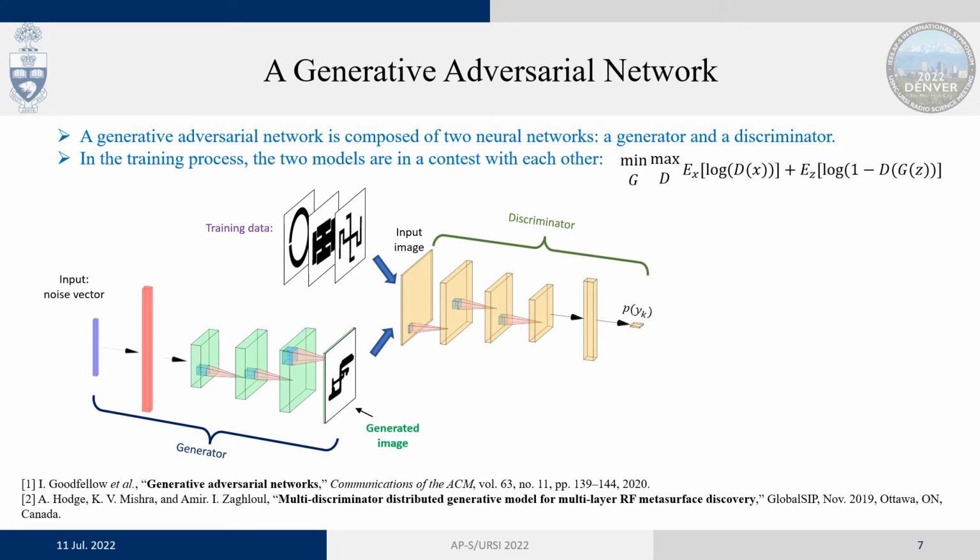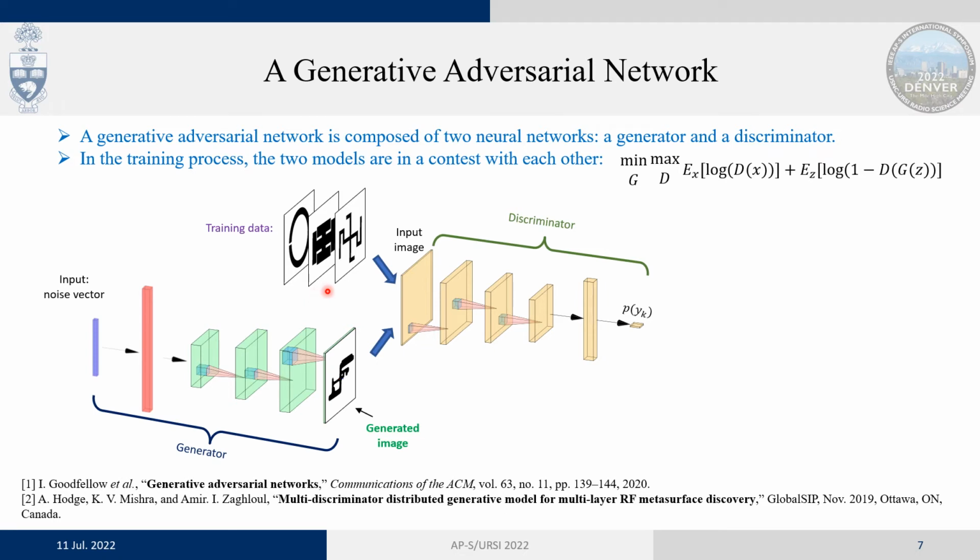This network is composed of two smaller networks, the discriminator and the generator. In the training of the GAN, these two networks are in contest with each other, meaning that the generator accepts a noise vector and creates a sample. Then the discriminator determines if this generated sample is good enough to be one of the samples in the training data.